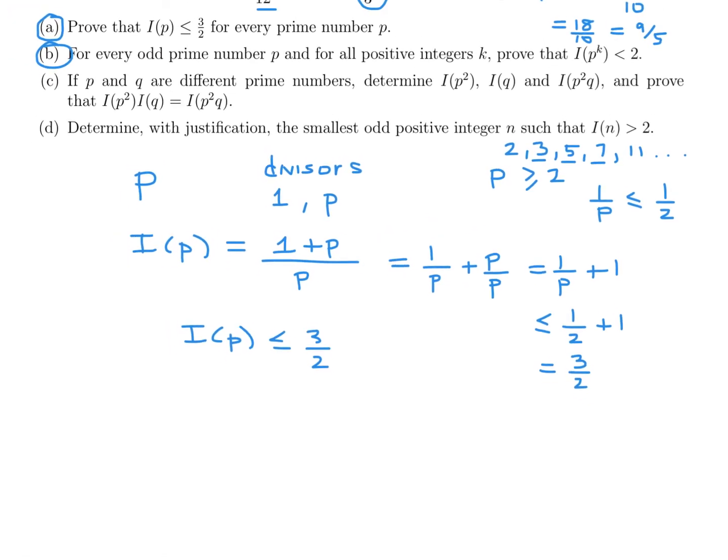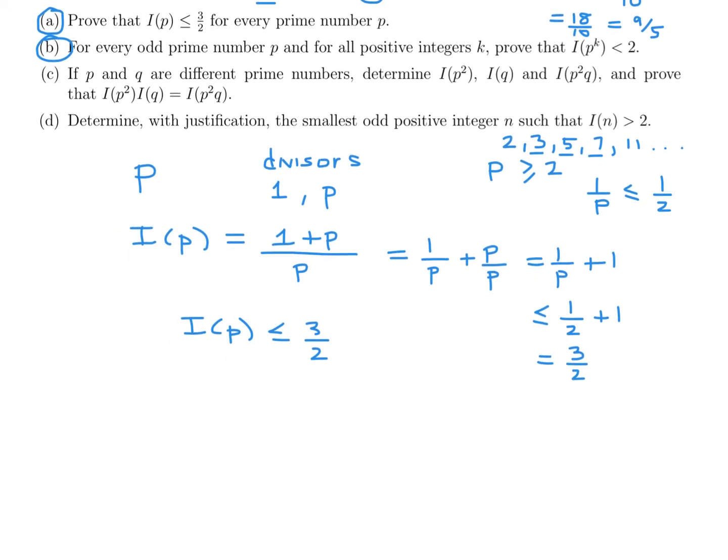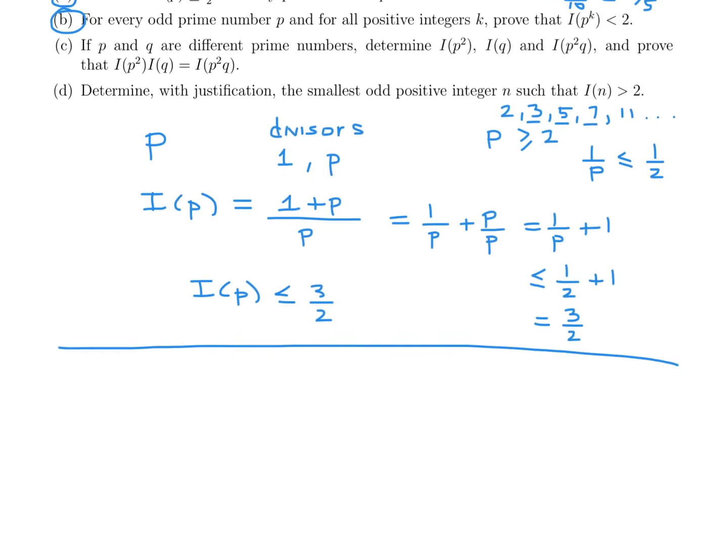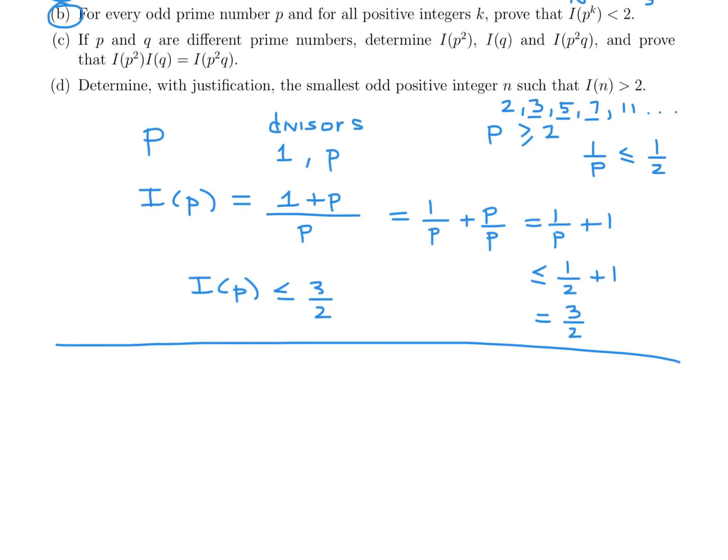For every odd prime number P, for all positive integers K, prove that I of P to the K is less than 2. Okay, this is a little bit different, and I'm going to need a little more space. This time it's odd primes.